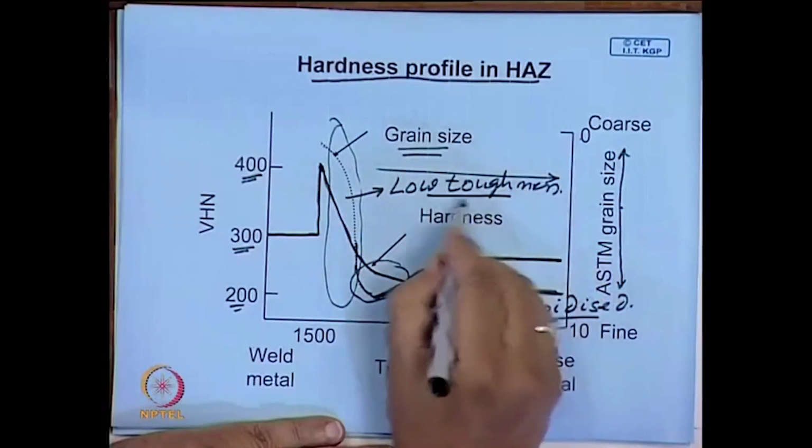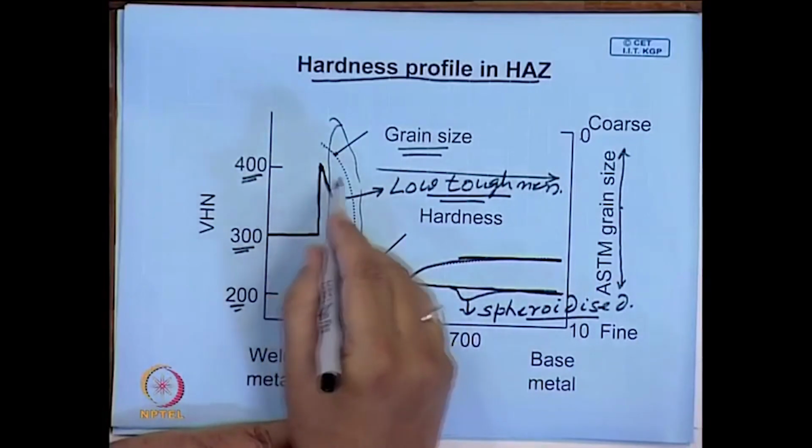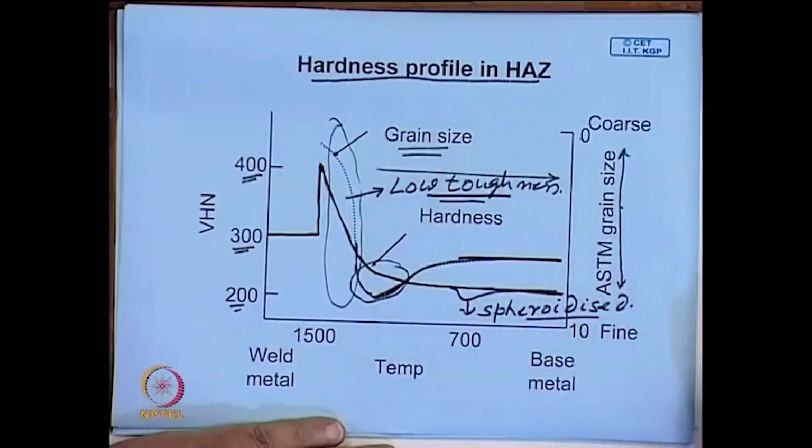And coupled with it there is a gas related problem also. During the welding process, if you are not able to protect the weld metal from the surrounding gases, then these gases can get dissolved, and particularly among these gases hydrogen is quite damaging, and hydrogen diffusivity is quite high.